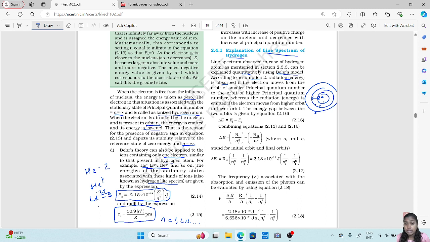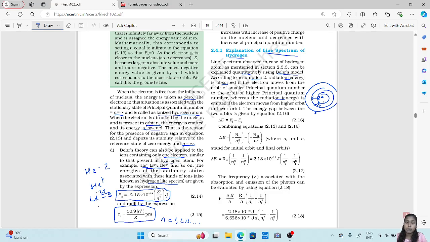Whereas the radiation or energy is emitted if the electron moves from the higher energy orbit to a lower orbit. So it is vice versa, as I told you. Whenever it absorbs energy, it goes from lower to higher, and whenever it loses energy, it goes from higher to lower.